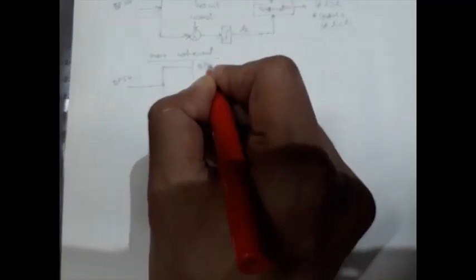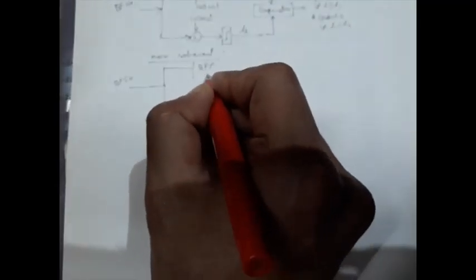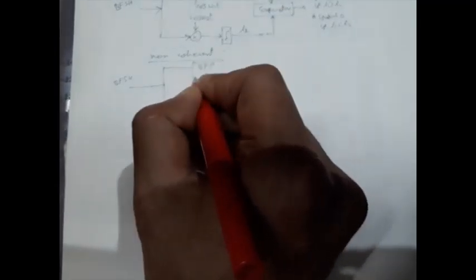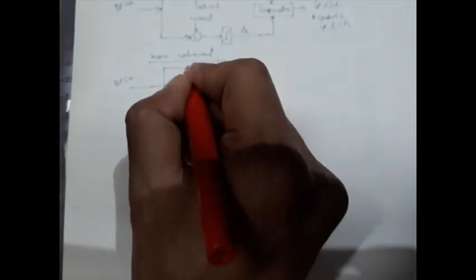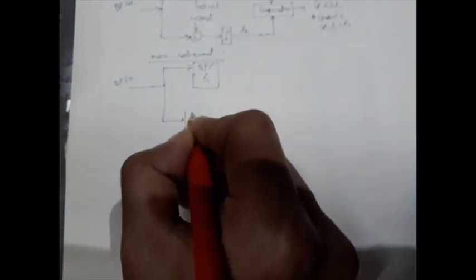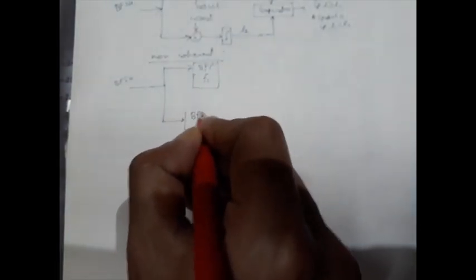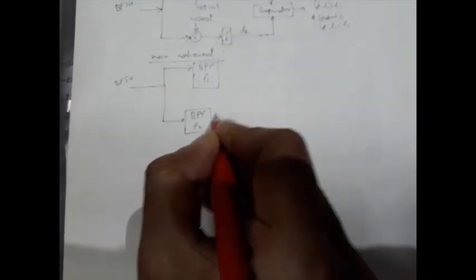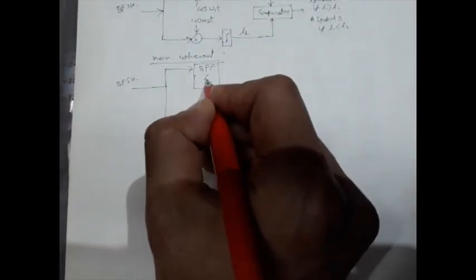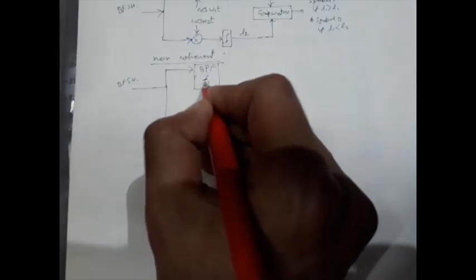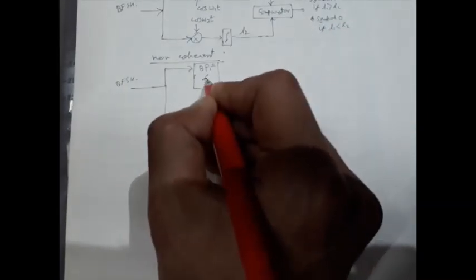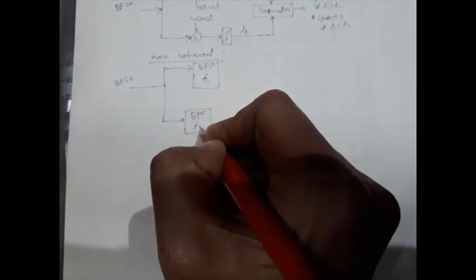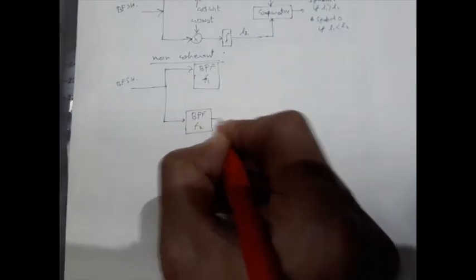In the upper part we have a band pass filter at say F1 frequency. In the lower part we have a band pass filter at F2 frequency. That means this band pass filter will eliminate all out of band signals around F1, and this one will eliminate all the out of band signals around F2.